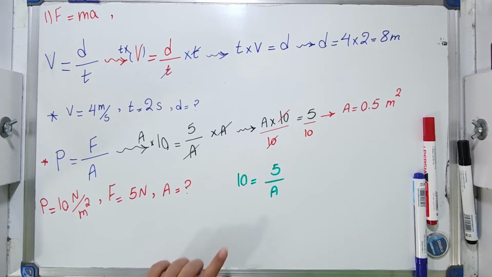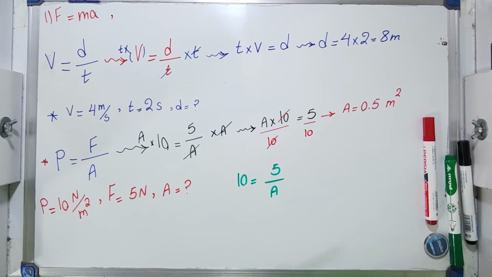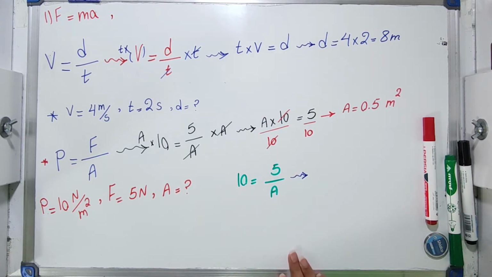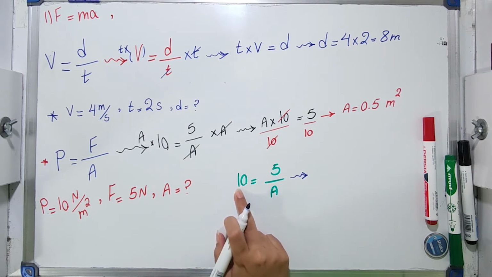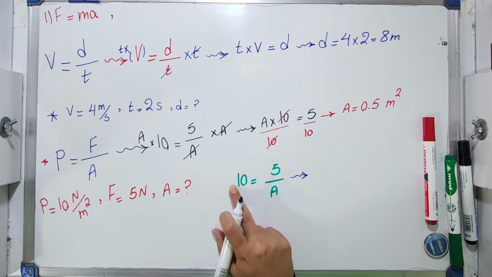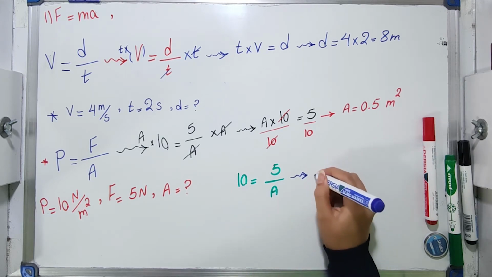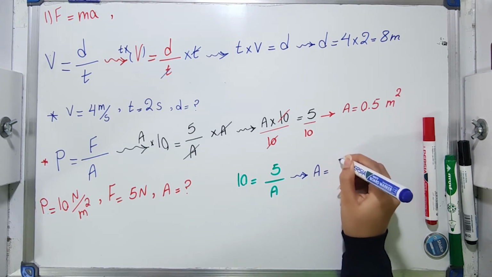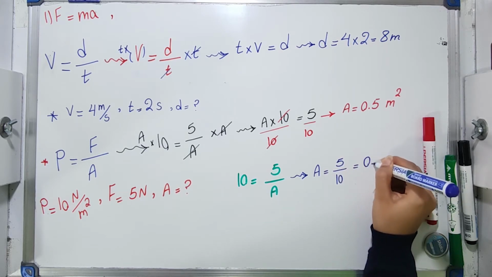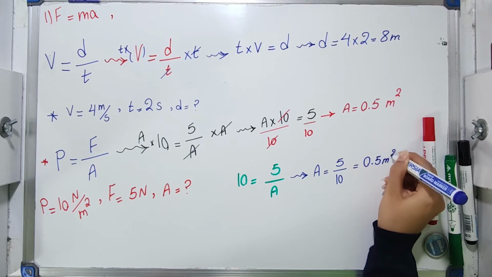So whenever, like here, the denominator was unknown, it's enough to change this side of the equation with the denominator. I mean, I write A here and I write 10 here. A is equal to half square meter.